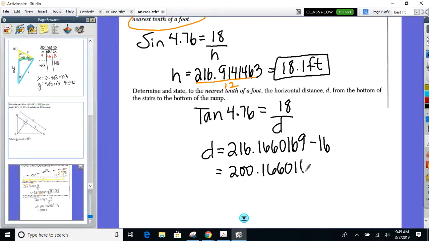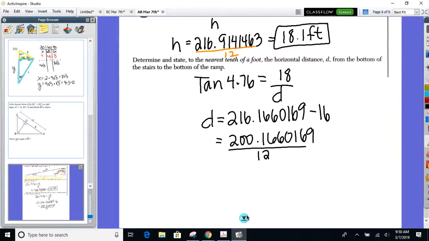And now at the end, what do I still need to do to get the nearest tenth of a foot? Divide. Now you can divide by 12. 16.7 feet.